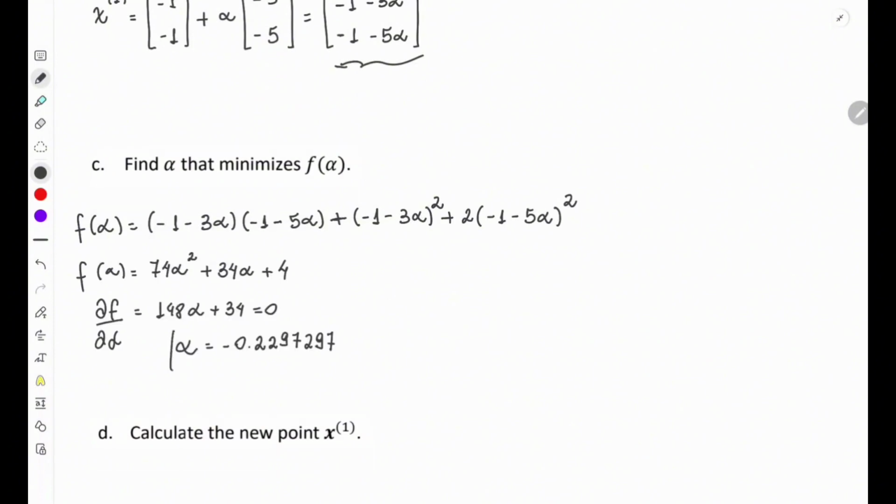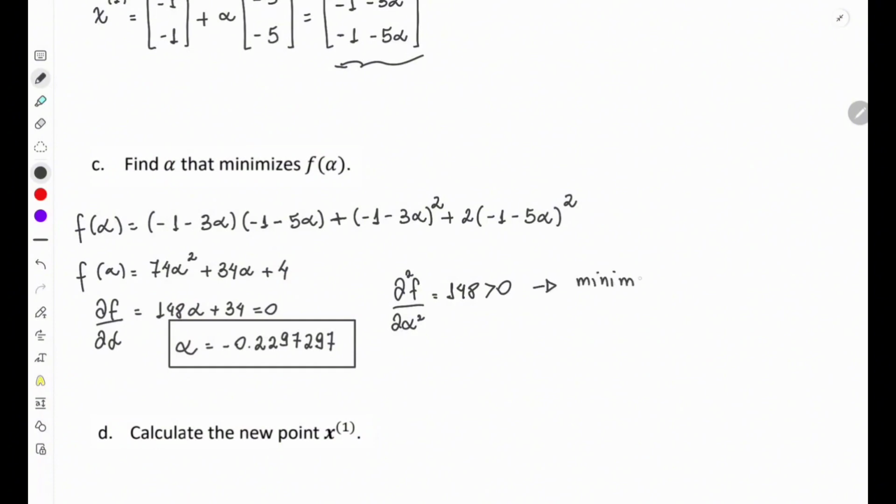Again, we do the first derivative to find our alpha, and the second derivative to check if this value of alpha is a minimum for our function. As it's greater than 0, yes, it's a minimum.